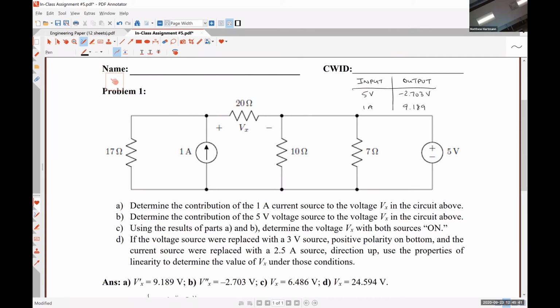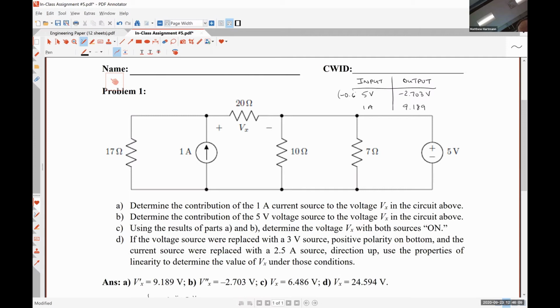And when both of them are on, we figured that out as well, okay? Now, my question is, what are we scaling the voltage input by? If we are changing it from 5 volts to 3 volts and changing the polarity. So definitely a negative, and then it's going to be what fraction or whatever? 0.6. Okay, so negative 0.6.